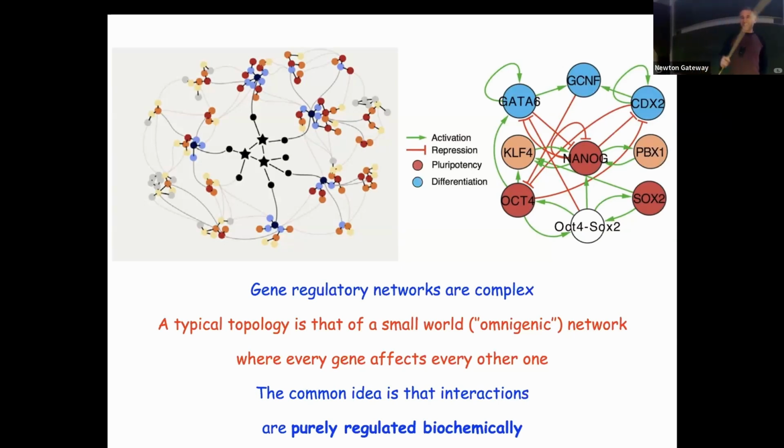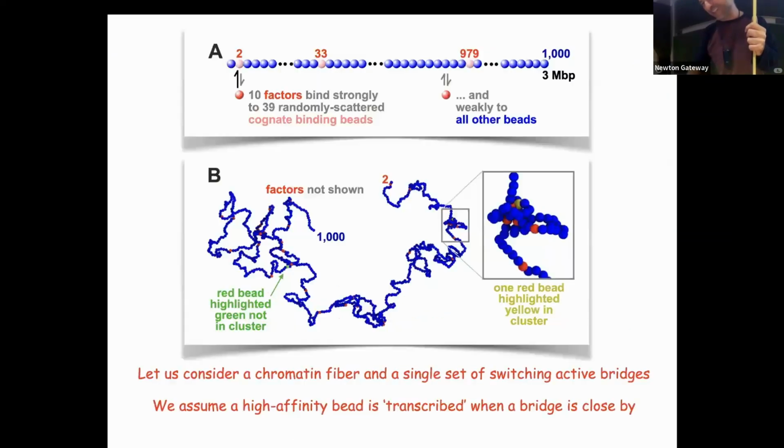So the common idea is that interactions are typically regulated biochemically. That's what you can see here. Okay? And of course, this is very important, but what I'm going to show you is that even structure, so even this biophysical interaction and indeed this cluster formation, has some consequences for the biological networks that would come about. So how can we demonstrate this?